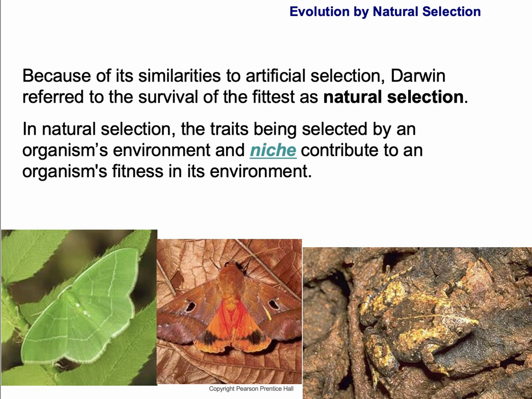And artificial selection helped Darwin name his mechanism, which was natural selection. He said instead of humans being the deciding factor, it was the conditions in the environment that was selecting which traits would help an animal or plant's fitness and give it a better chance for surviving.